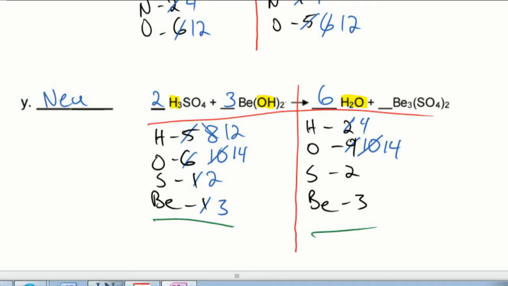So I would go, hydrogen isn't balanced, 6 and 6 is 12, 6 is 12. I have 2 groups of 3 here, and I have 3 groups of 2 here. So there's 6 and 6, and 6 times 2 is 12. So I'm thinking the hydrogens are balanced, unless I'm missing something.